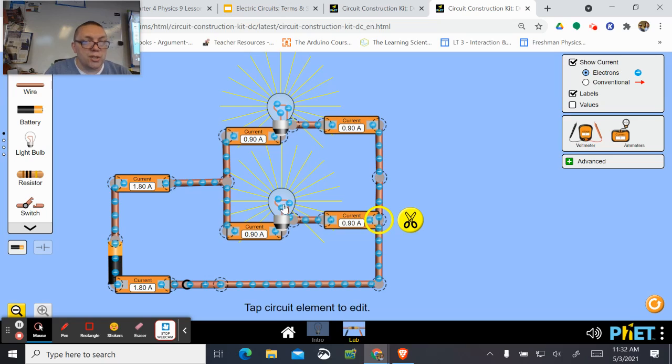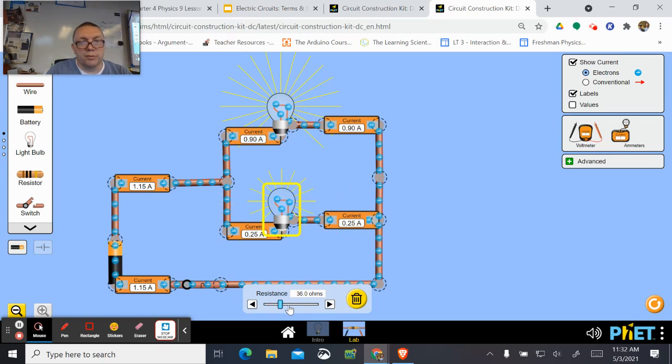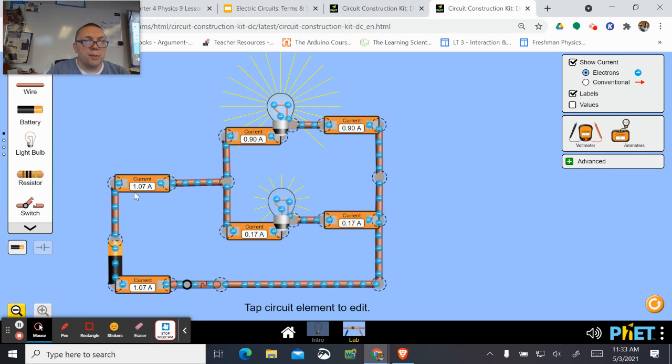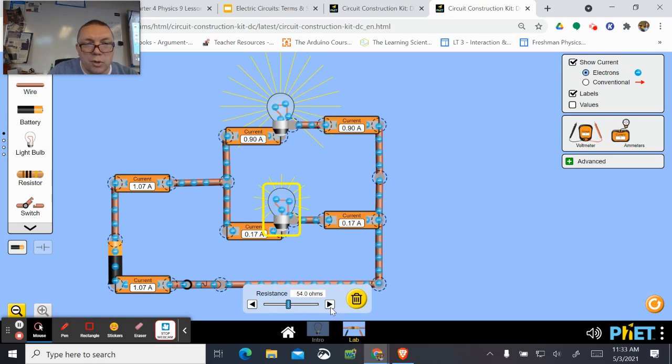If I change this bulb so it behaves differently, these are now different light bulbs, and you'll notice that's awkward numbers, but it'll work. So now this has changed to 1.07. I wonder if I can make these numbers a little bit easier to deal with.